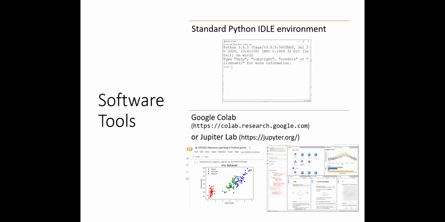These are the two tools or software that I plan to use for the session. If you have not installed Python, you can go to python.org, download and install it, and get ready, because after some time I'm going to use Python.